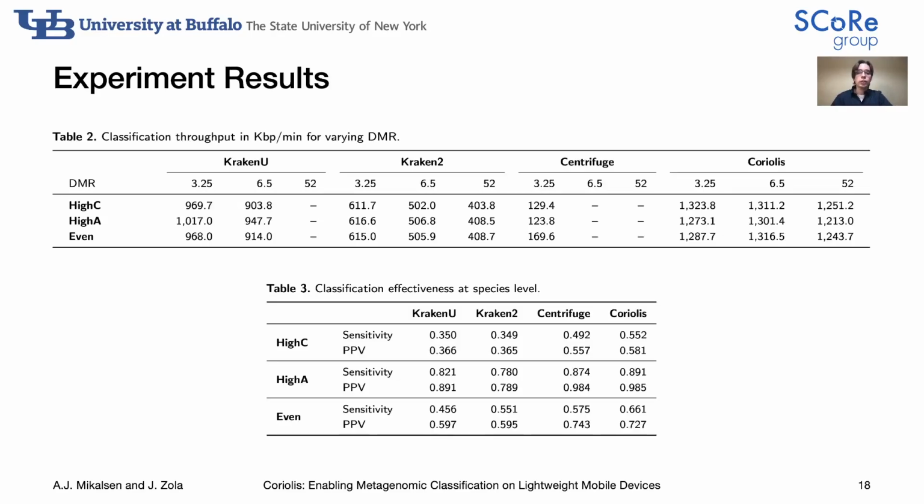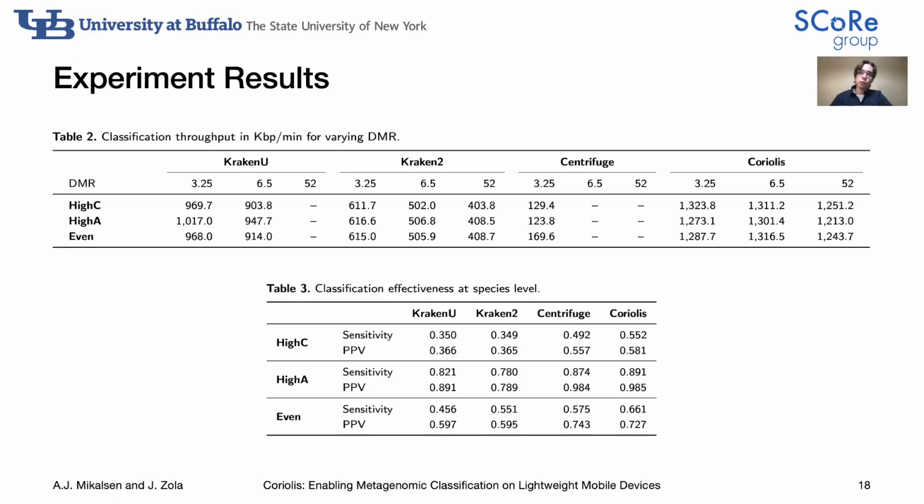The top table shows the throughput of each classifier for different DMR values, and the bottom table shows you the effectiveness of classification. We see in the top table that Kraken Unique runs pretty well for low DMR values, but as we increase the DMR, its performance quickly goes down and it's eventually not able to run.